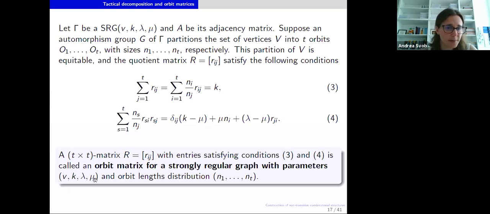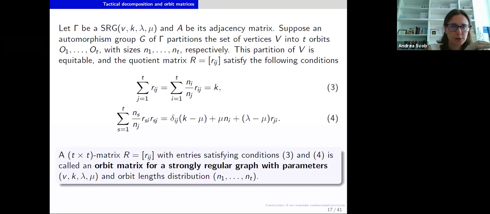So a t times t matrix R with entries satisfying these two conditions is called an orbit matrix for a strongly regular graph with parameters v, k, lambda, mu and orbit length distribution n_1 up to n_t. Analogously with orbit matrices of a block design, here we can speak about orbit matrices of a strongly regular graph.